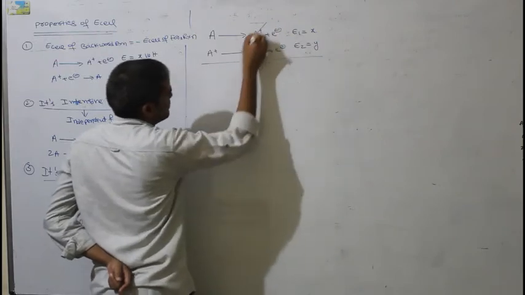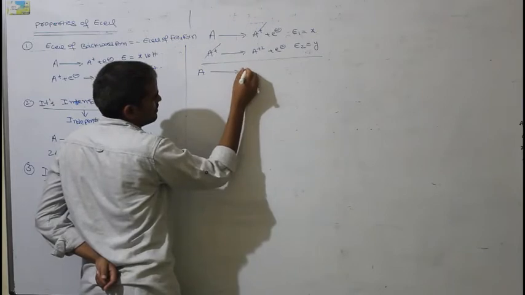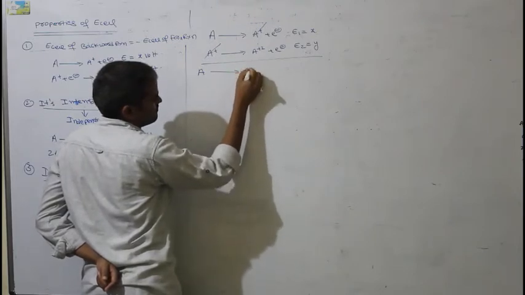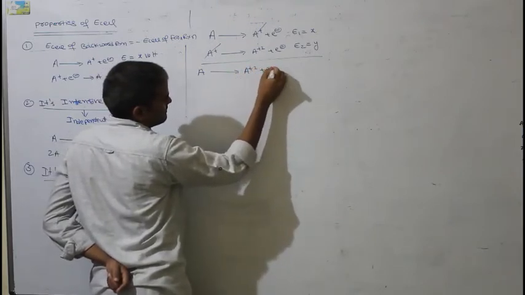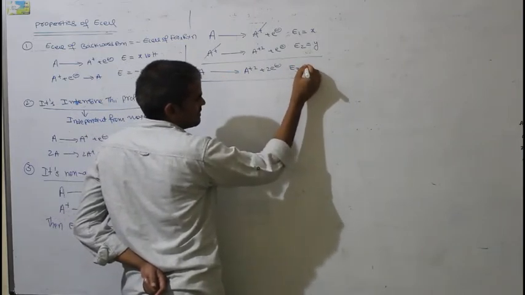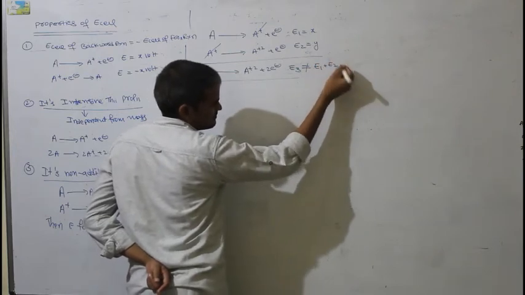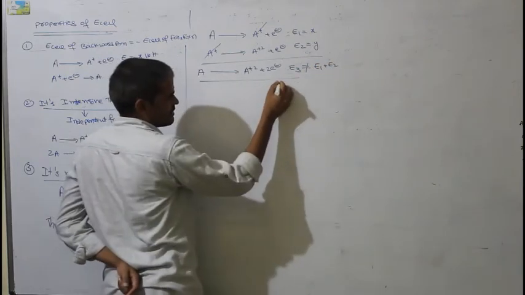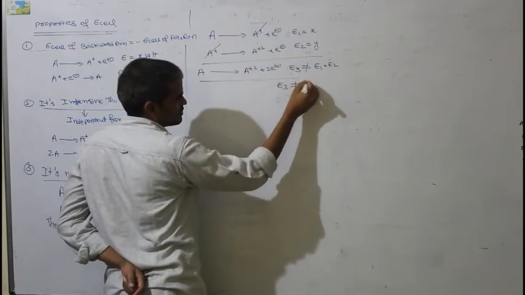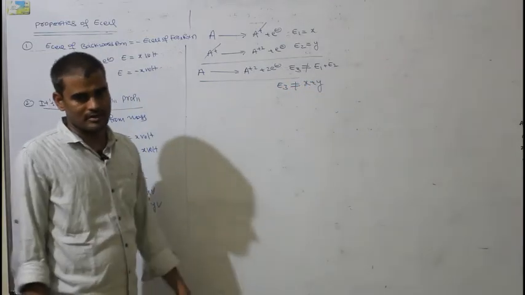If you add both by cancelling similar factors, it becomes A gives A plus 2 plus 2 electrons. So this is E3. E3 is not equal to E1 plus E2, nothing but E3 is not equal to x plus y, because it is not an additive property.